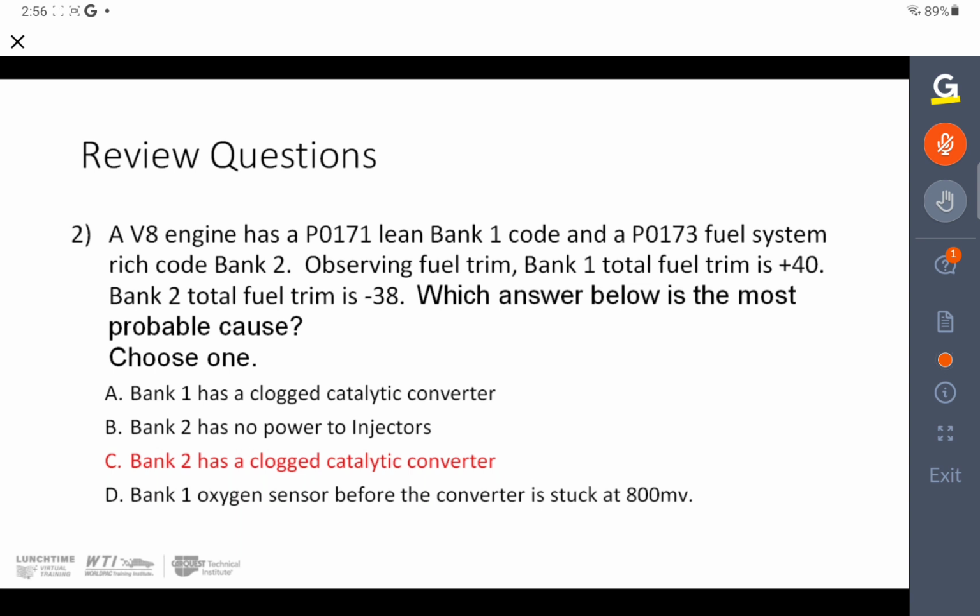Remember, when you're dealing with an imbalance on a V motor like this, an extreme imbalance, +40, -38, that's pretty extreme. The side that has the negative fuel trim is going to be the side that has the restricted catalytic converter, or possibly a restricted intake for bank 2, whether it was that tune-in valve or something like that.